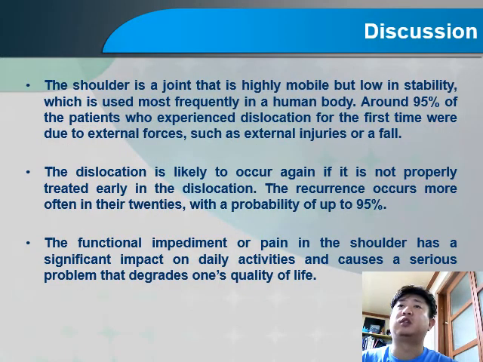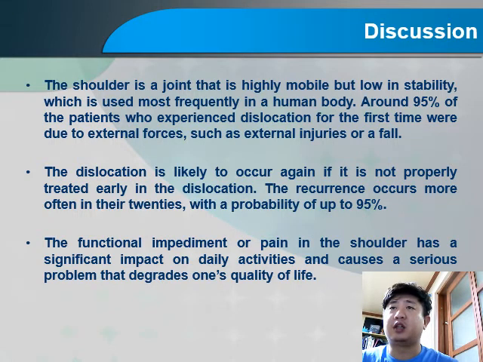Discussion. The shoulder joint is a joint that is highly mobile but low in stability, which is used most frequently in the human body. Around 95% of the patients experience dislocation for the first time due to external force, such as external injury or a fall.